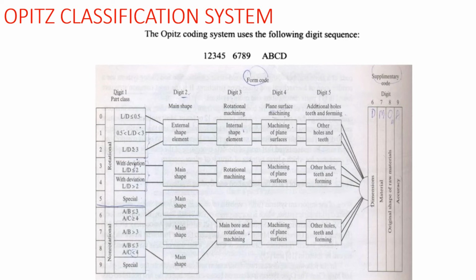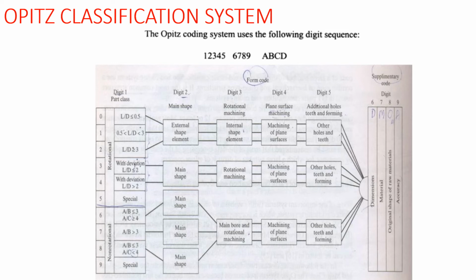It is used to find the manufacturing data, and ABCD are called the secondary code, which is used to get information related to the operation process.